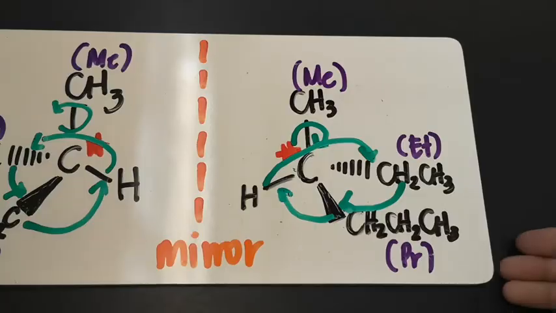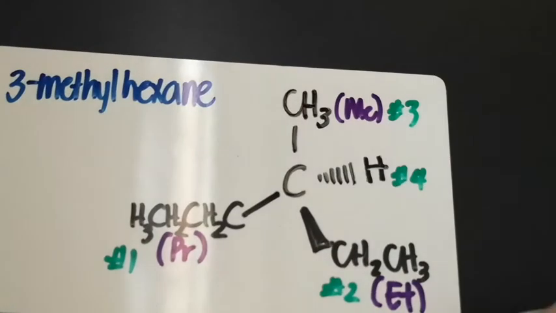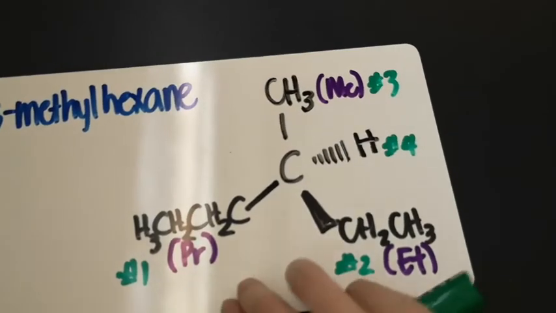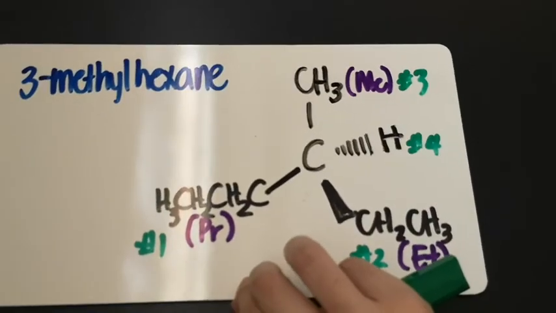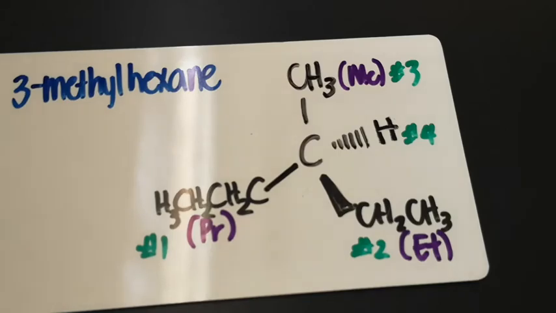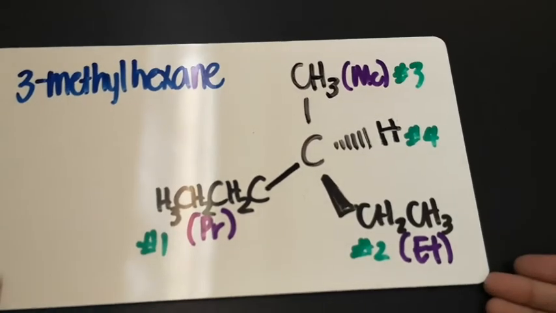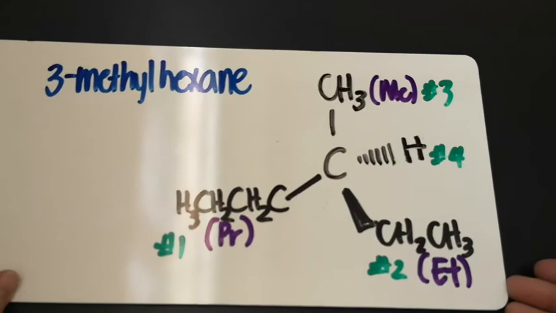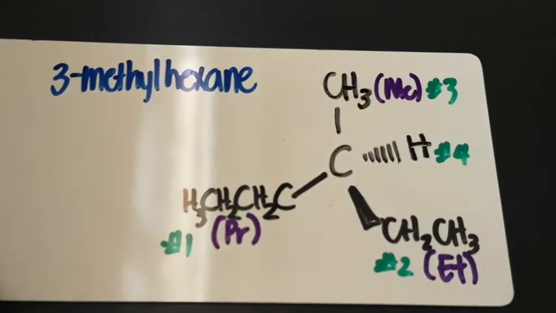So if we try to redraw that, we will have this structure. I've already placed the priorities of each of the substituents. And now we simply have to draw the curved arrow from the highest priority constituent to the lowest one.